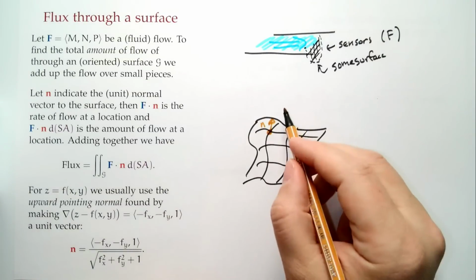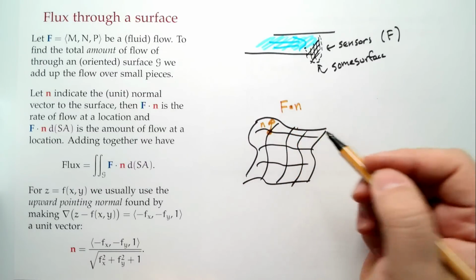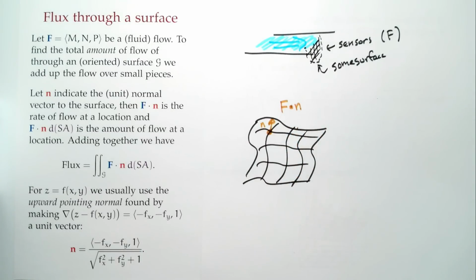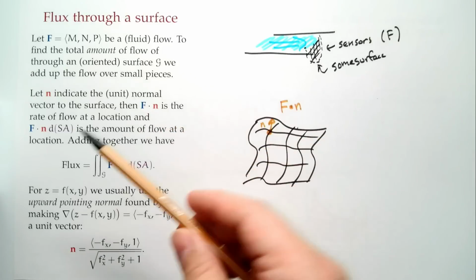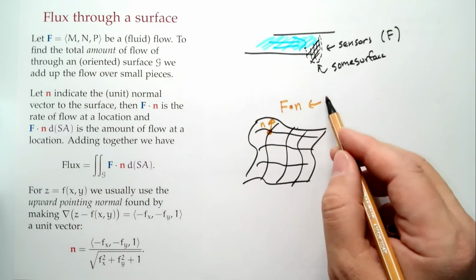So the way you do it to capture locally is you look at F dot n. Essentially what's happening here is you're taking the flow and you're projecting it onto how much is flowing at the surface. So that's a projection that's happening here. And so this F dot n is indicating how much is happening locally. So this is the local rate of flow.